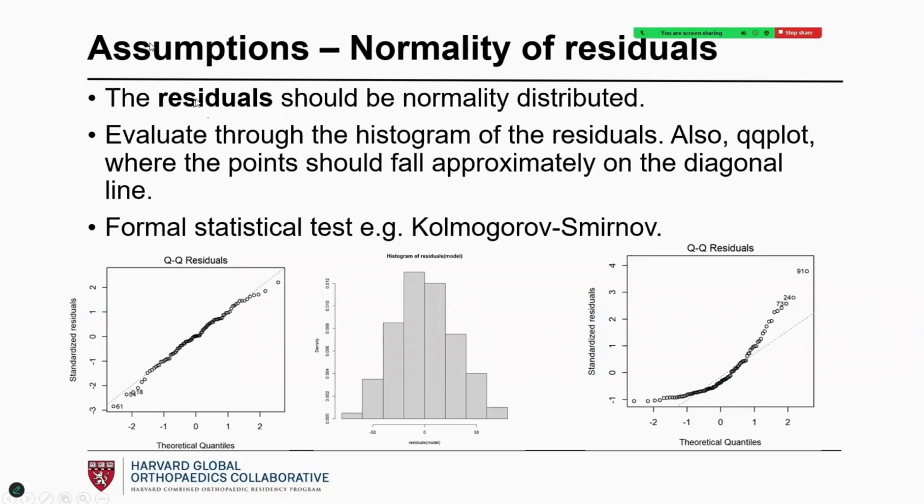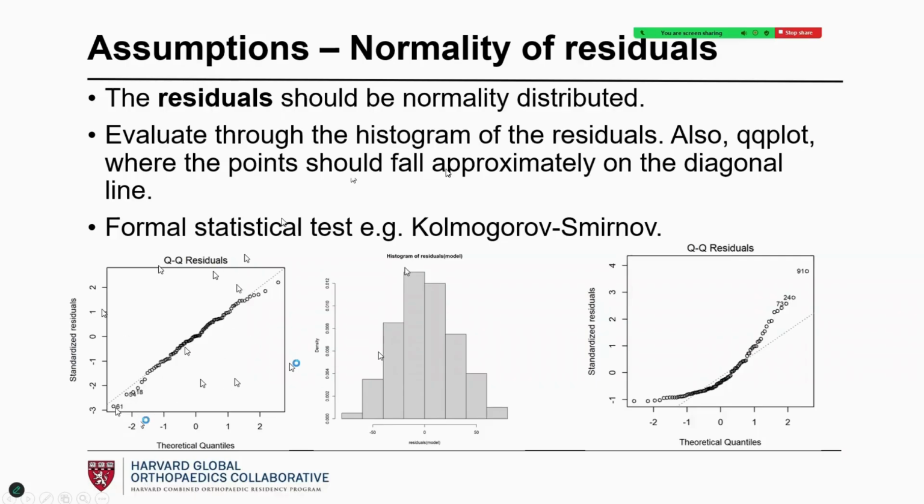We can evaluate whether this assumption is violated through the histogram of the residuals that we get from the model, and also a QQ plot, where we expect the points to fall approximately on the diagonal line. I'm going to demonstrate what the QQ plot and the histogram would look like if the normality assumption does not seem to be violated.